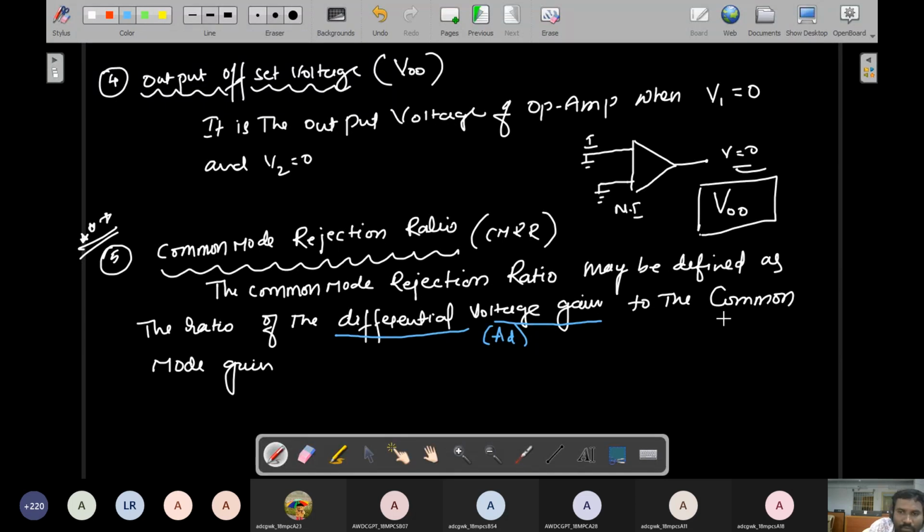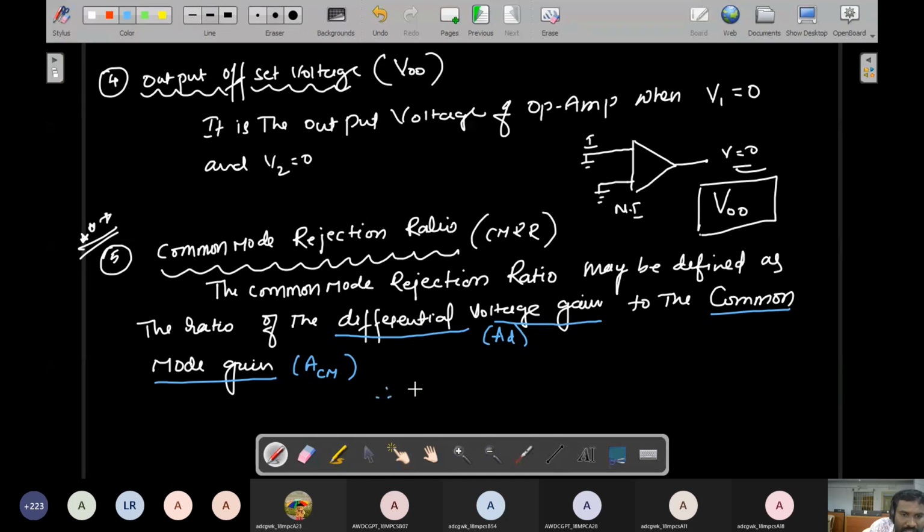And what is the common mode gain? Common mode gain is represented by ACM. Okay, so the ratio between differential voltage gain and the common mode gain.